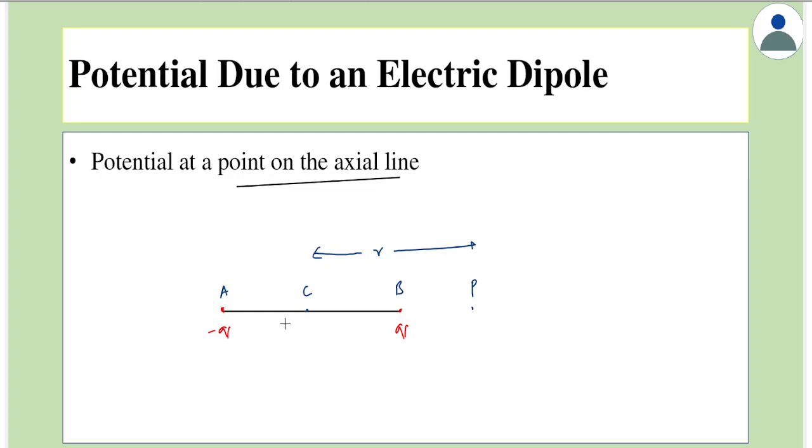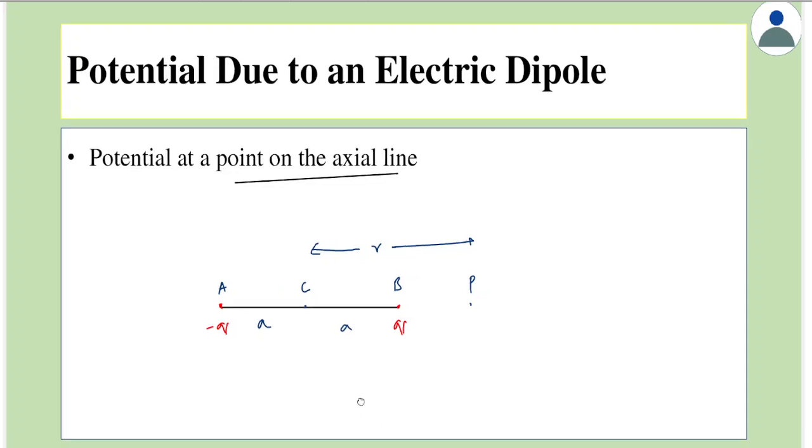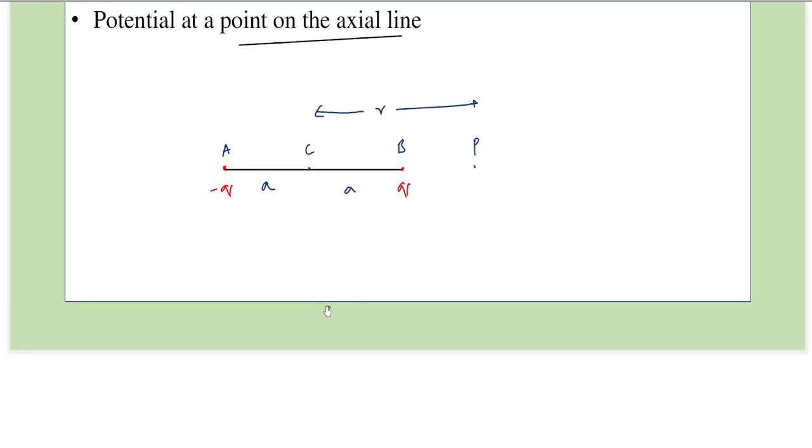Since the distance between A and B is 2a, the distance between AC would be a and distance between BC would be a. Again here, the charges kept at point A and point B, each would create its own potential.